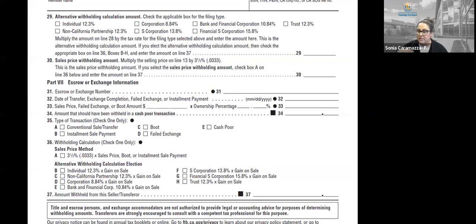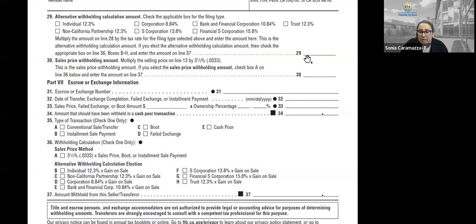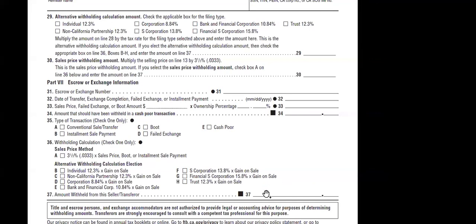They file their taxes the following year. They report this income from the sale and they report that withholding amount. I guess my question is, can the sellers be responsible for more than 12.3% on their taxes? Potentially, if they're making a lot of income, they could owe us more money because it wasn't enough to cover their other income.